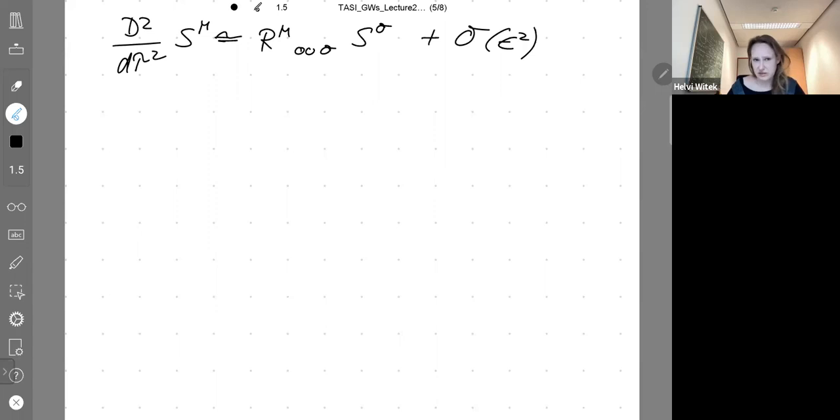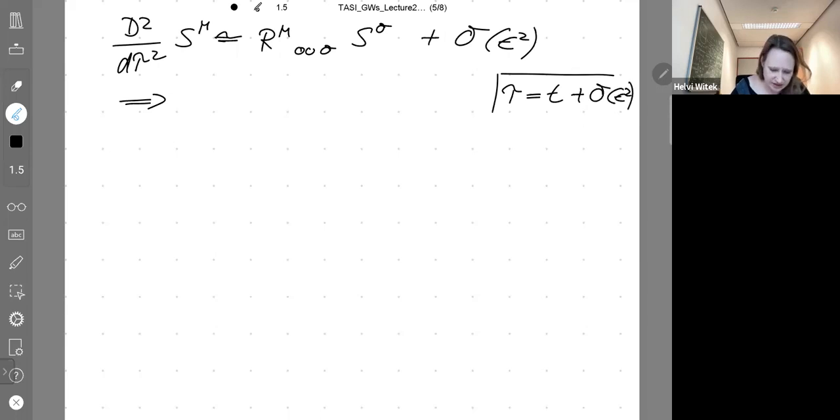So if we put all of that together, we will now find an equation for the geodesic deviation. We'll make one more assumption: if we take the proper time tau, then we can write that as t, which is what I'm going to use at the moment, plus again higher order terms in epsilon that we neglect.